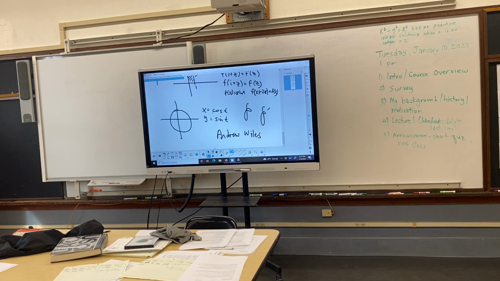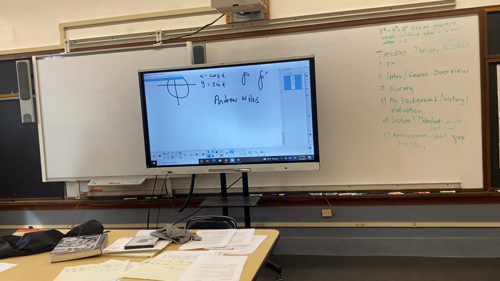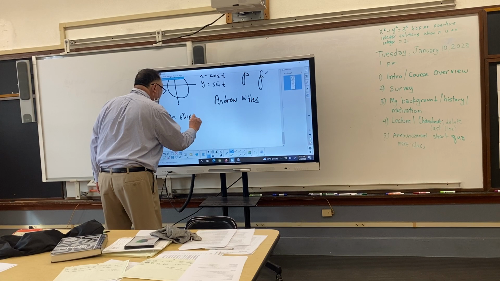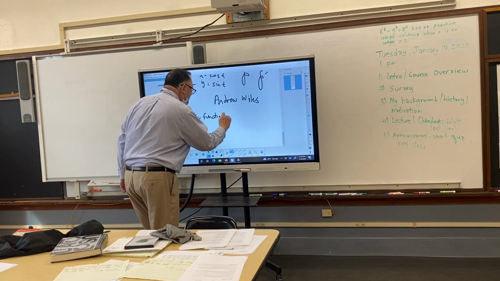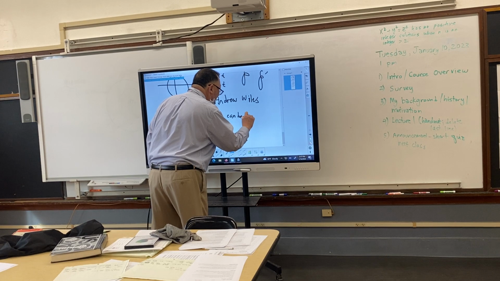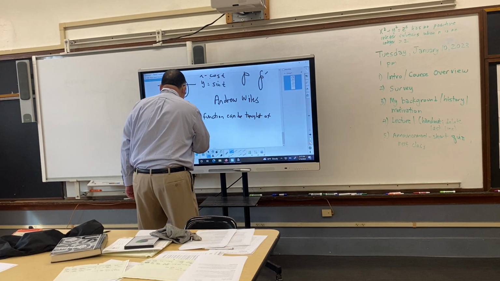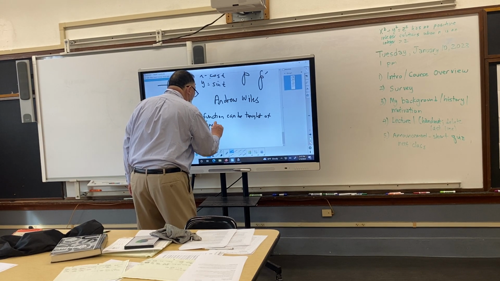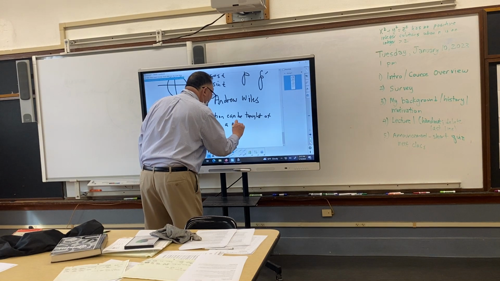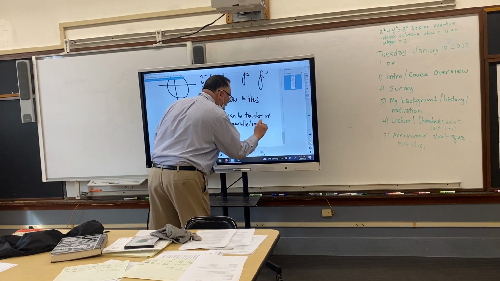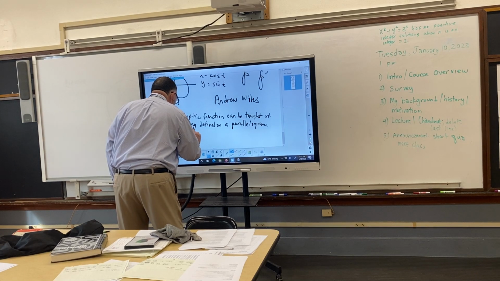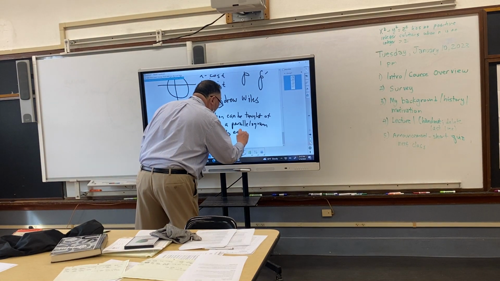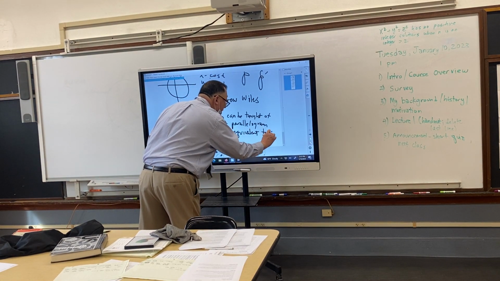So an elliptic function can be thought of as being defined on a parallelogram, which is topologically equivalent to a torus.